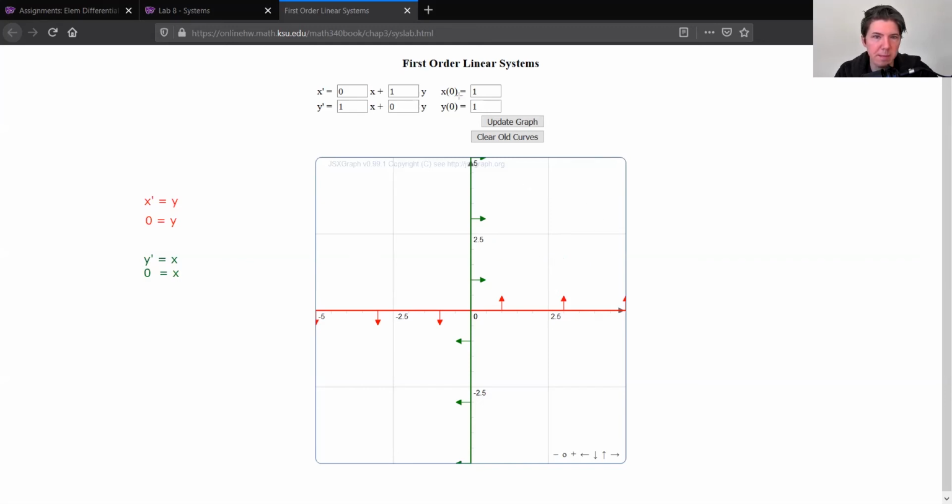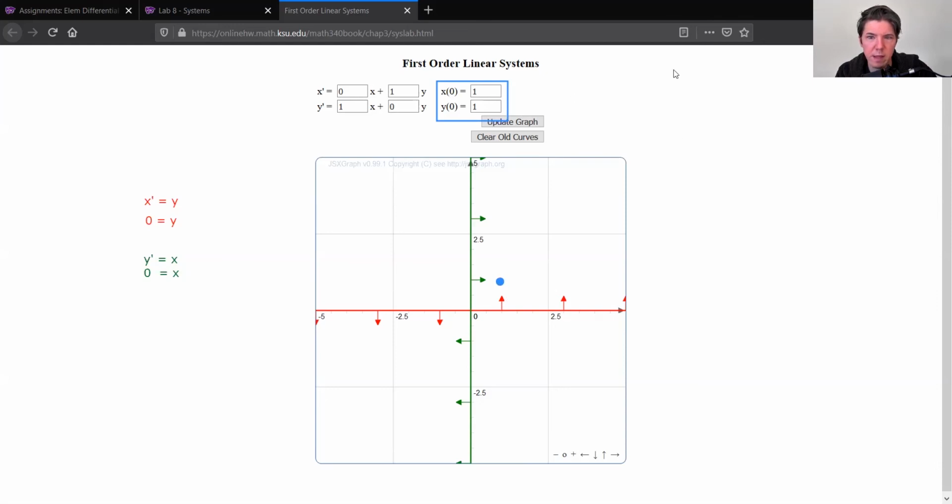Now what we can do is imagine taking a starting point. For instance, I have up here x of 0 equal to 1 and y of 0 equal to 1. That means when t is equal to 0, the x value is 1 and the y value is 1. We can then imagine starting at the point 1, 1, which I think would be roughly here. I think each of these hash marks are 0.5.